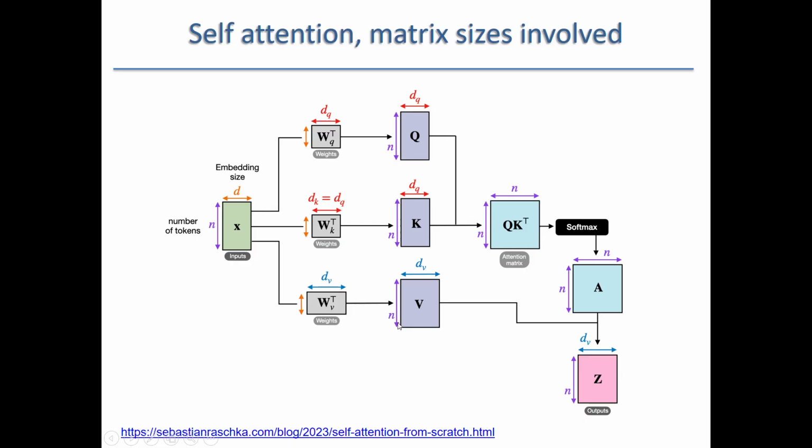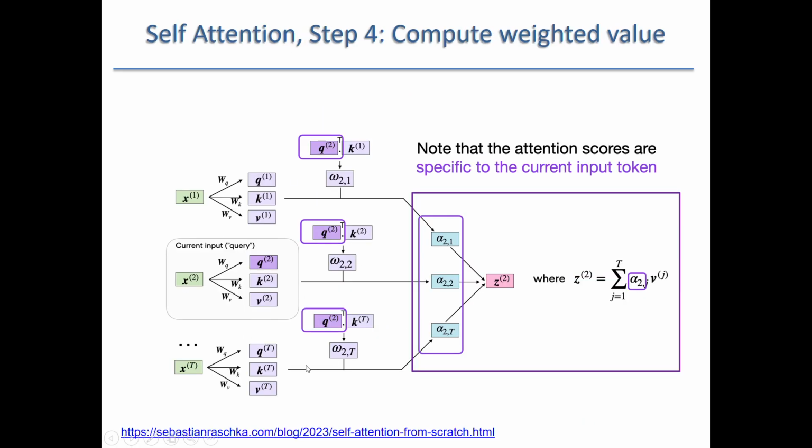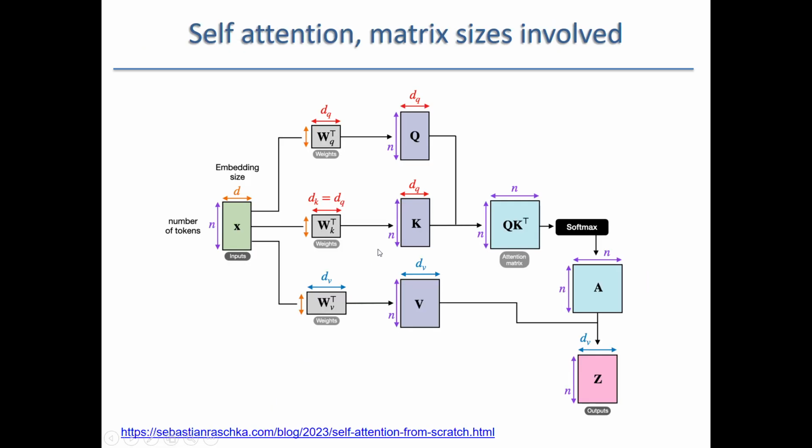We have presented it vector by vector, but we can put that into matrices. We have the input matrix that has the number of tokens and the embedding size, and then the matrix that transforms that into queries, the matrix that transforms that into keys, and the matrix that transforms into values.